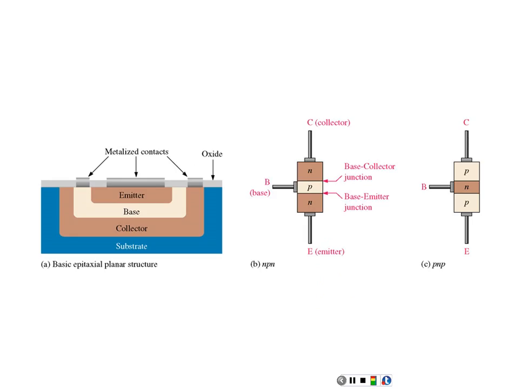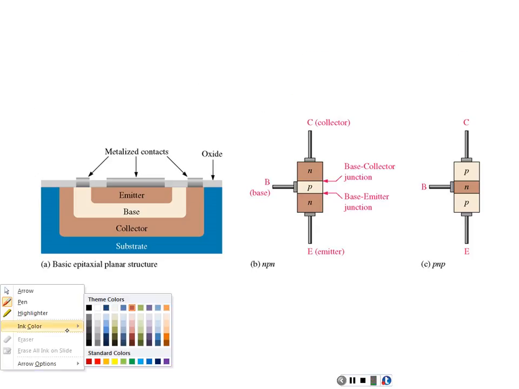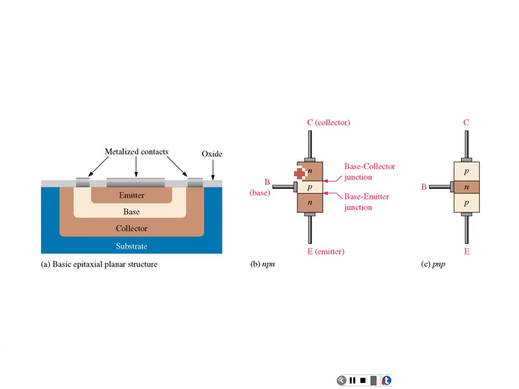Now, this is not exactly a good picture, but it works pretty good to help explain it. We have two types of bipolar transistors. We have one that we refer to as an NPN, and then we have another one that we refer to as a PNP.